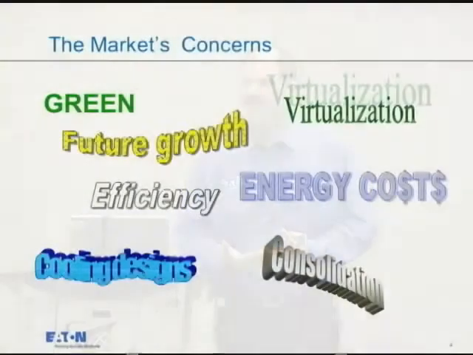So the needs are very consistent, very similar. And that is around greening, about optimization, improving efficiencies, putting in solutions that can be adapted and expand to future growth. Energy costs, number one factor.